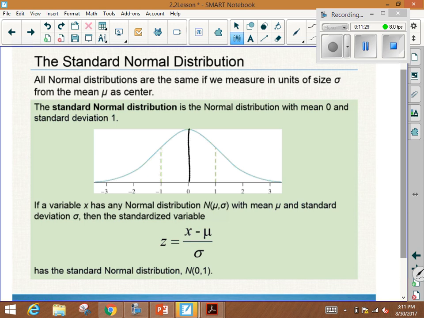Our center point is where our mean is. If we're talking about how many standard deviations we are from the mean, it makes sense that we would have 0 in the middle because we are exactly 0 standard deviations from the mean. So if we're looking at this standard normal distribution, what we're doing is calculating z-scores.